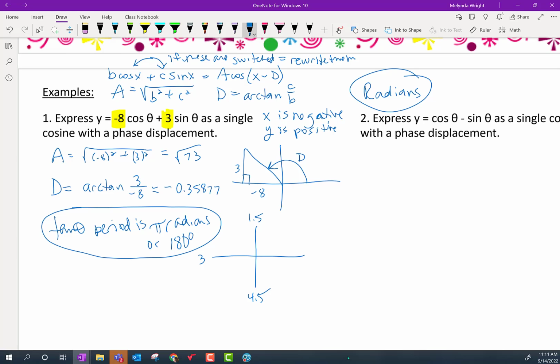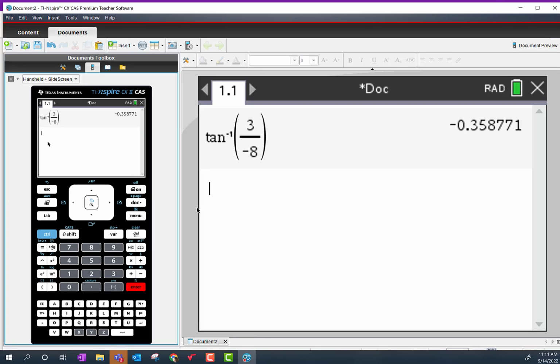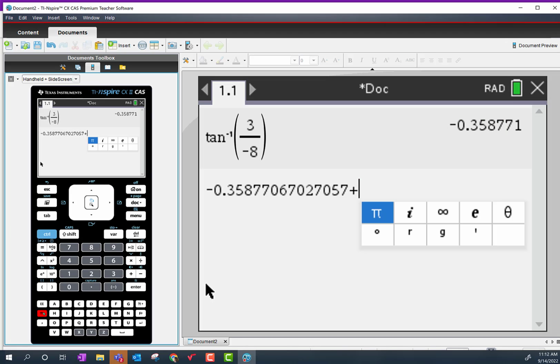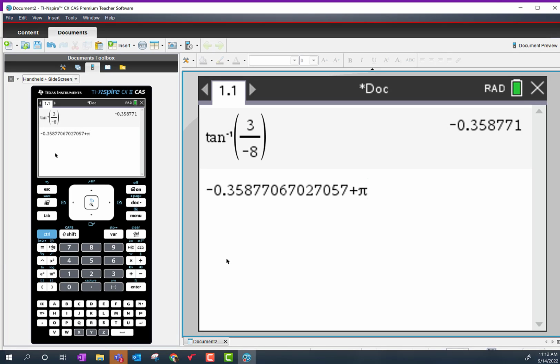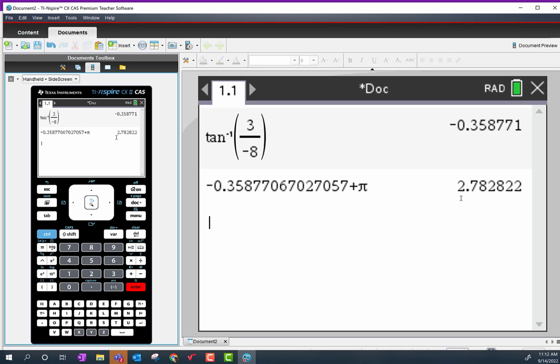So we're going to take the negative 0.3587. I'm going to pull my calculator up, highlight the number and hit enter, which pulls it down. Then I'm going to add pi to it and see what that gives me. It gives me 2.7828. So I'm going to write that on my paper.